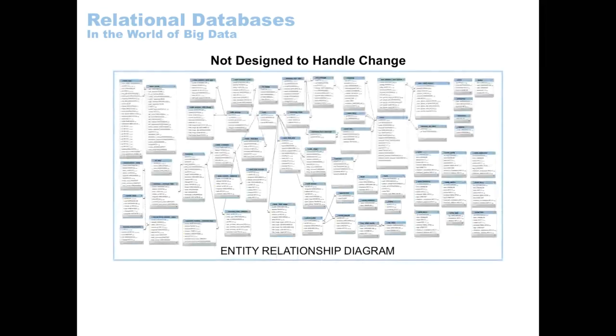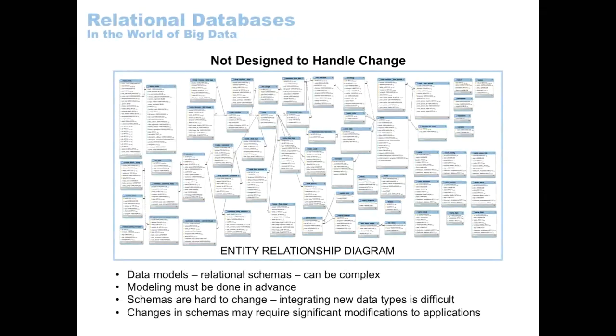Relational databases are not designed to handle change. Here's an entity relationship diagram, and this is actually a pretty small one. But you see in here all of the tables involved in the schema for this database and the links that indicate how you can link these tables together with the keys.